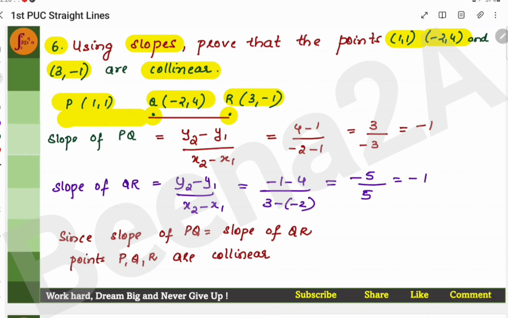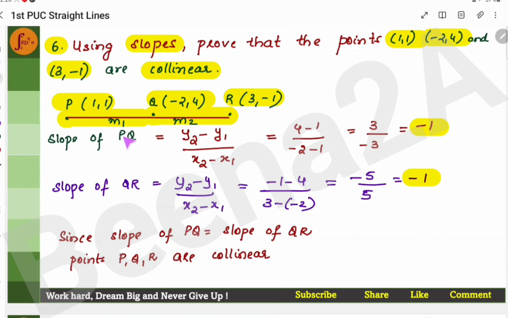So if I take the slope of PQ, say this is M1, then the slope of QR, say M2, and if both the slopes are equal, then you can say that it is collinear. When the points are on the same line, the slope is going to be the same.